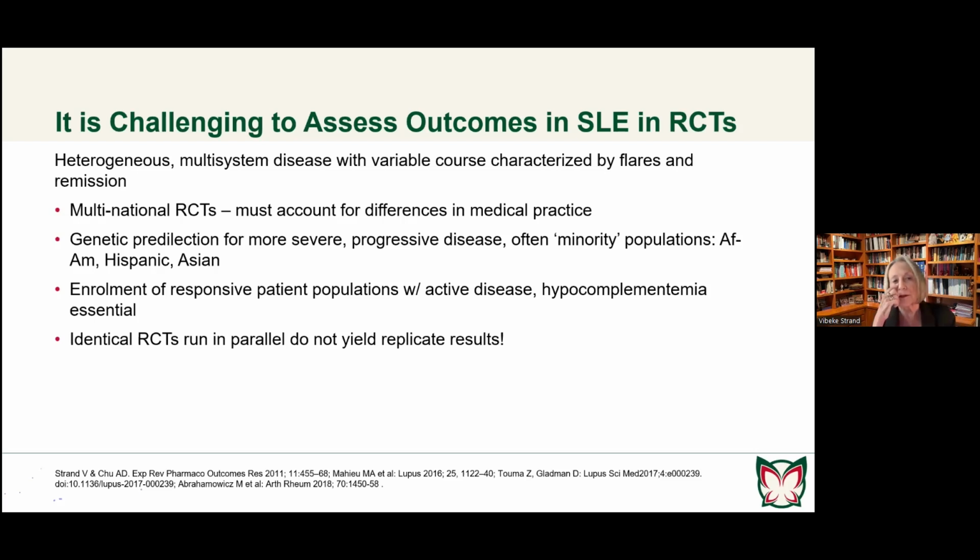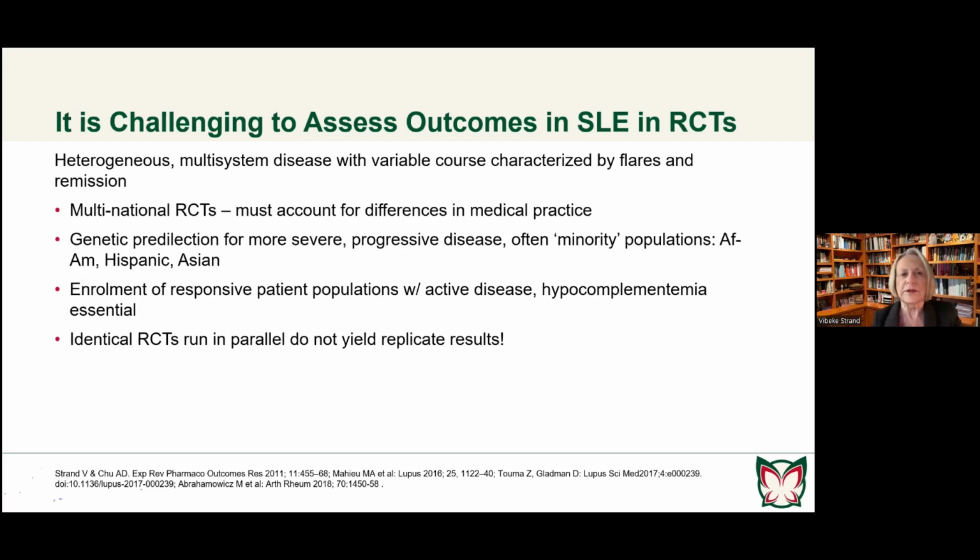There's genetic predilections for more severe progressive disease, often in minority populations such as African Americans, Hispanics, and Asians. We talked about enrolling a responsive patient population based on the high disease activity subset of the belimumab trials, but those patients are not as common as we would like them to be.